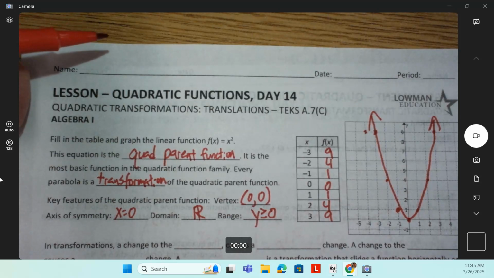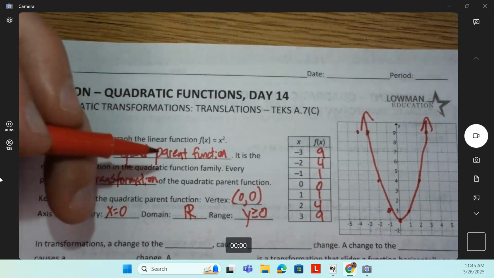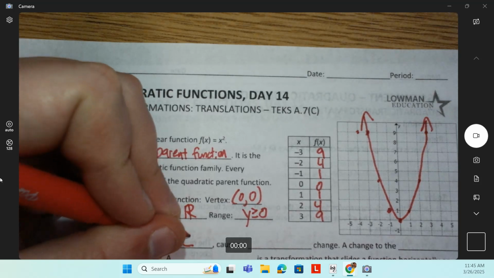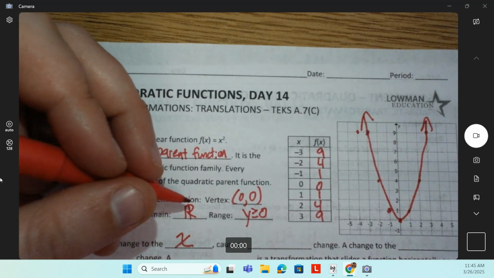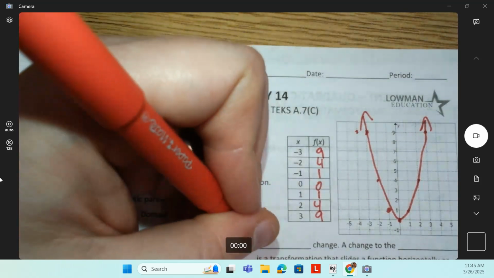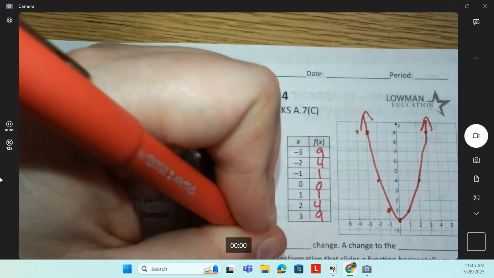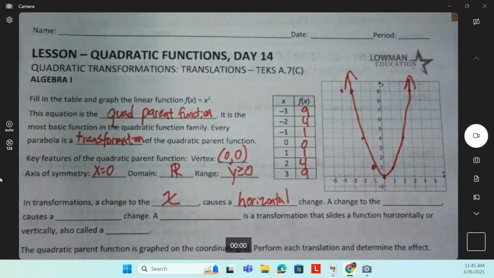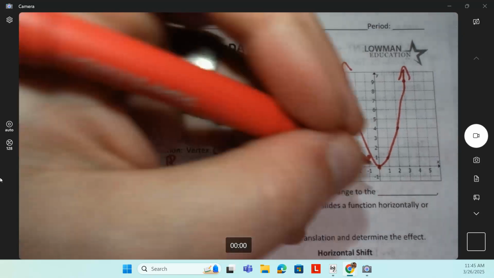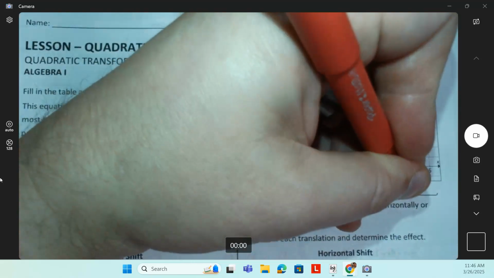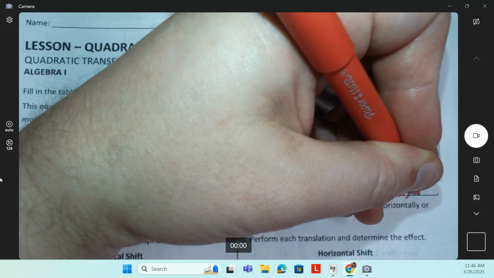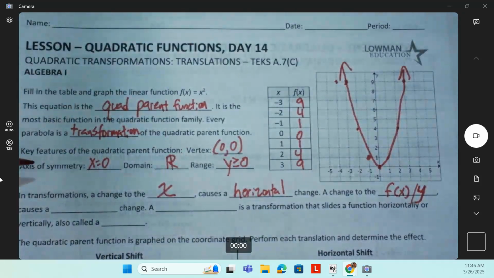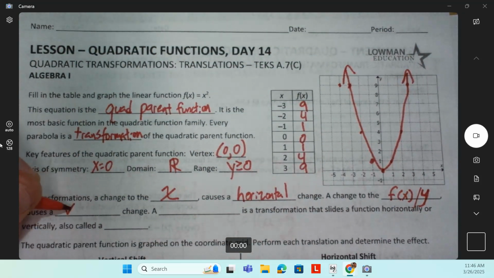So in transformations, if I change the x value, it causes a horizontal change, so move left and right. And then if I change the f of x or the y value, however you want to think about it, that causes a vertical change.